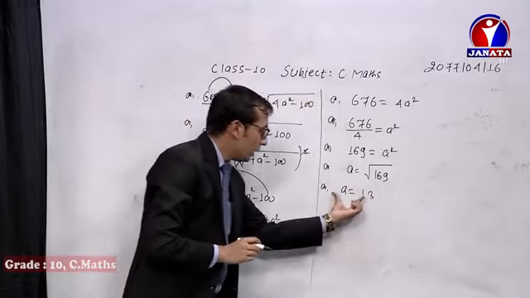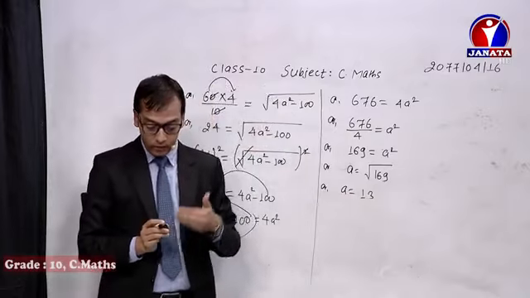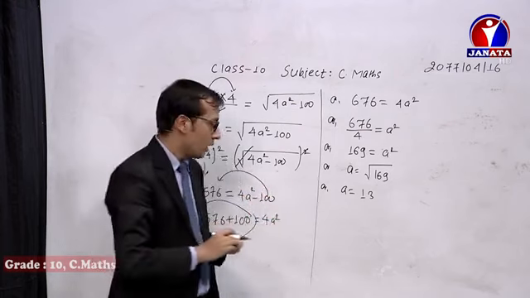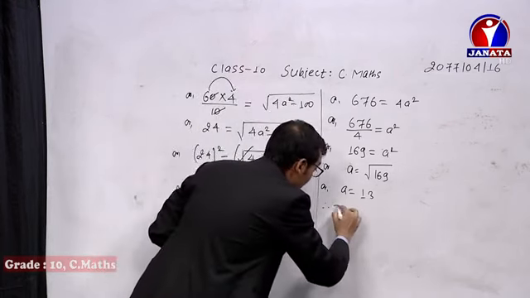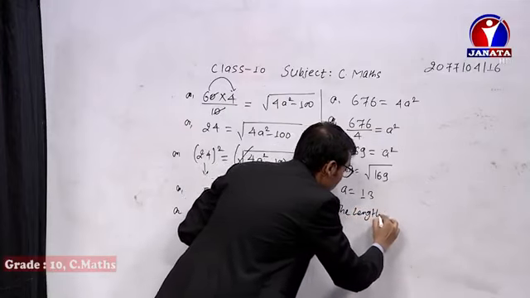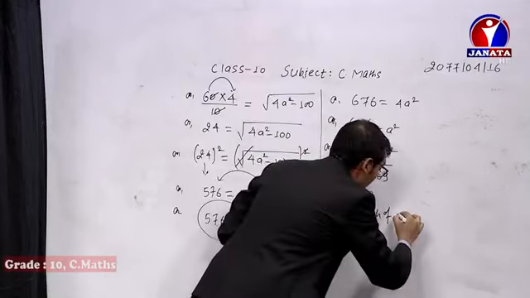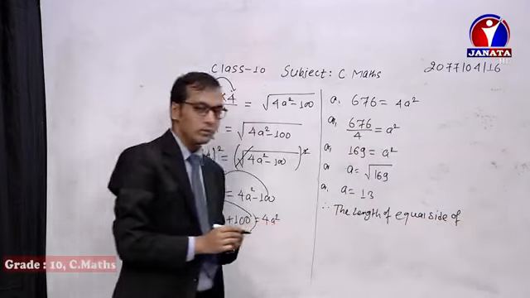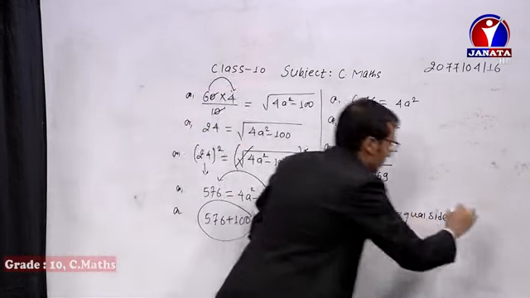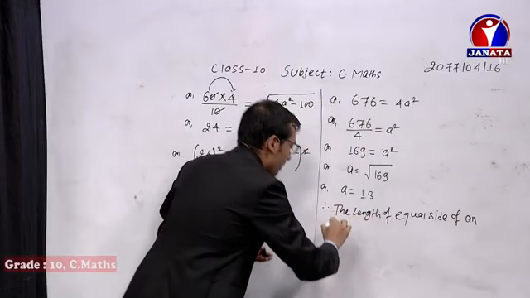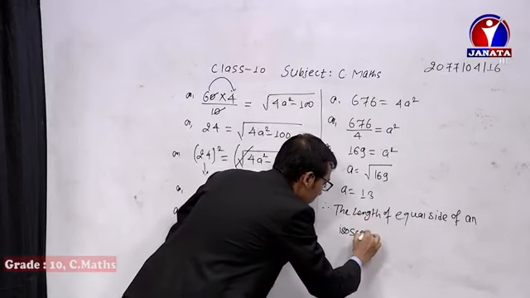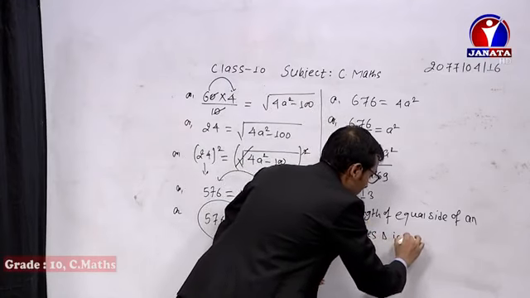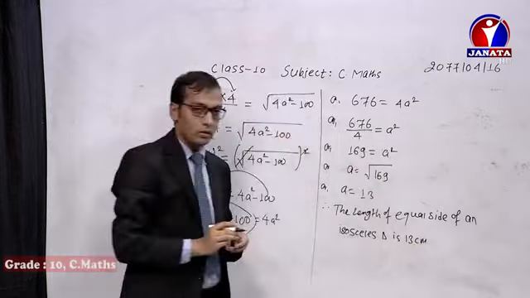So the length of the equal side of the isosceles triangle we obtained is 13 centimeter.